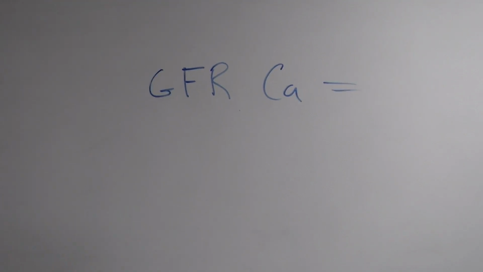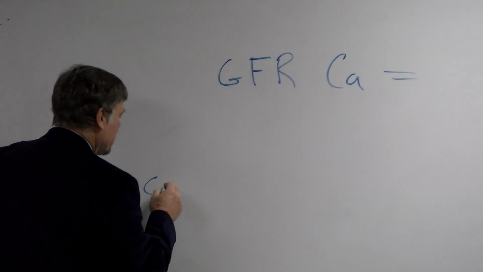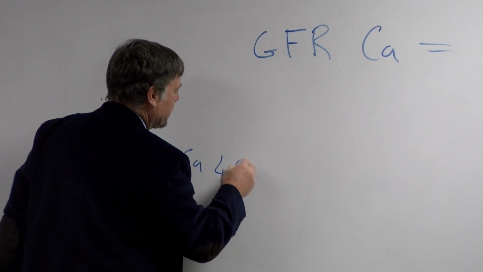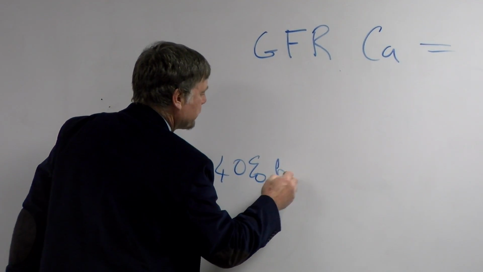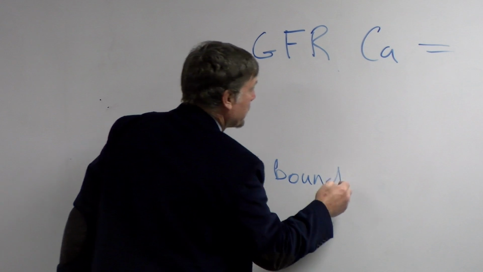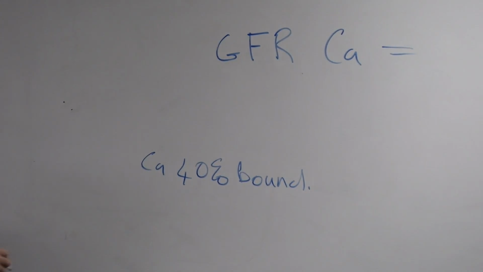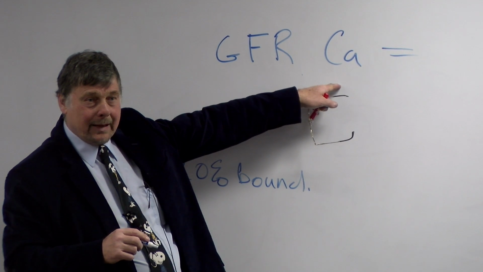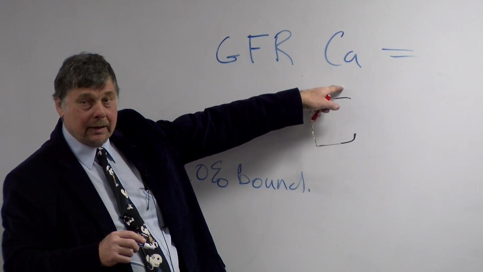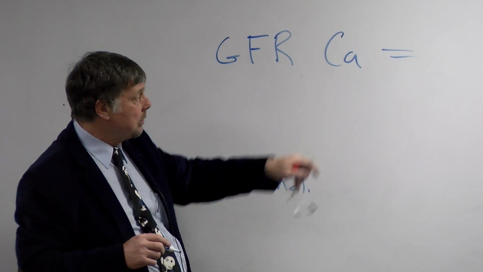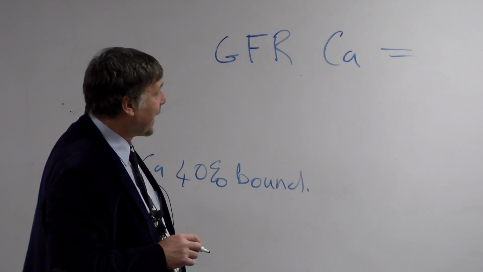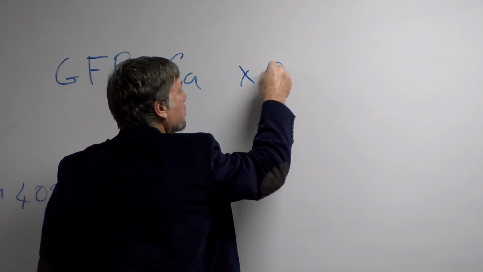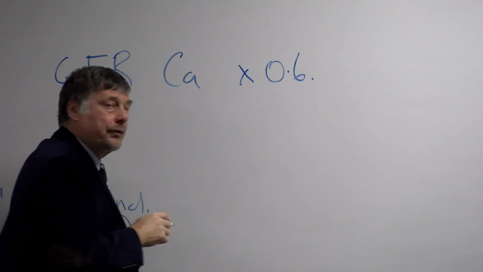However, calcium, let's say it's about 40% protein bound. We always measure total calcium in plasma. We can measure free calcium, but we usually measure total. And so it's that times 0.6 if you want the filtered load.